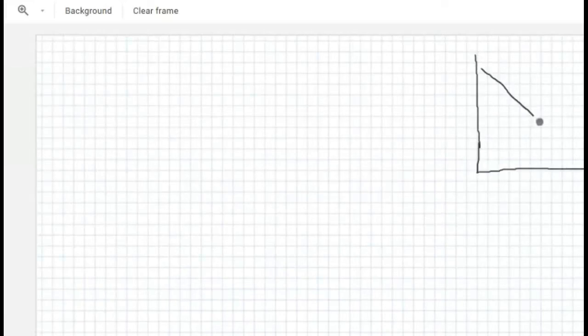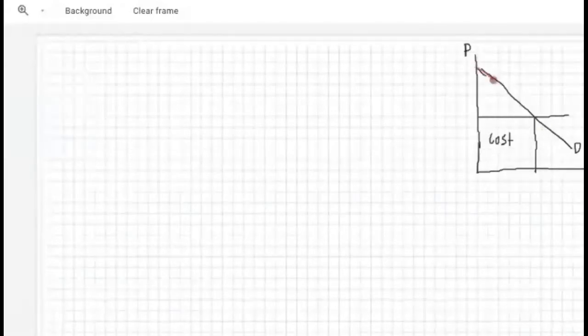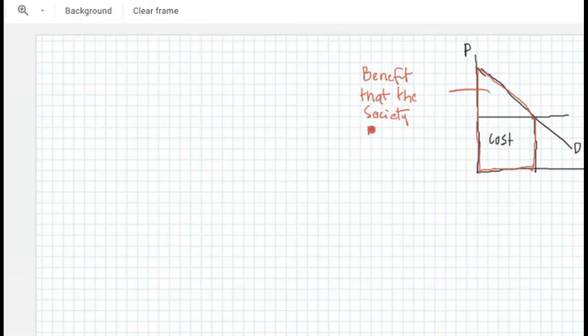And if I have a demand function for the public good, and if this is the price, remember the cost. Okay, so what we're saying is that if this is the demand for the society, what is this then? What does it include? All the benefits this society receives from the project.